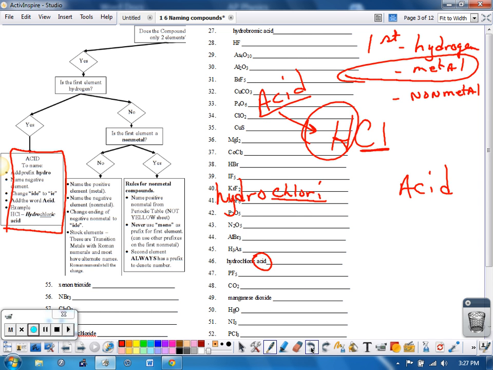So it's hydrochloric acid. Another thing we used last year that seemed to work: hydro means no O. O is oxygen, so the acid does not have any oxygen in it. There are different rules if you have oxygen in the acid. So hydro, no O.